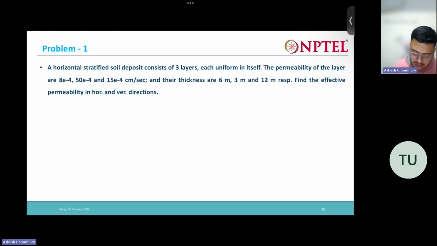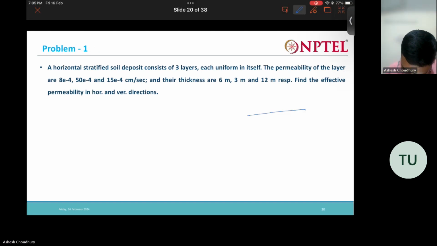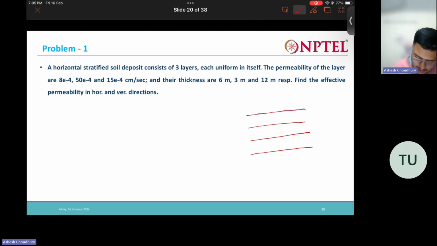So let me just draw it for you. We have three layers, all with different thicknesses: 6 meter, 3 meter, 12 meter. And the k for all the layers are also given.